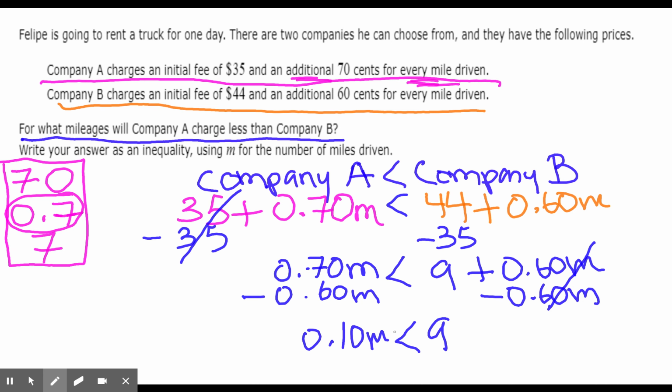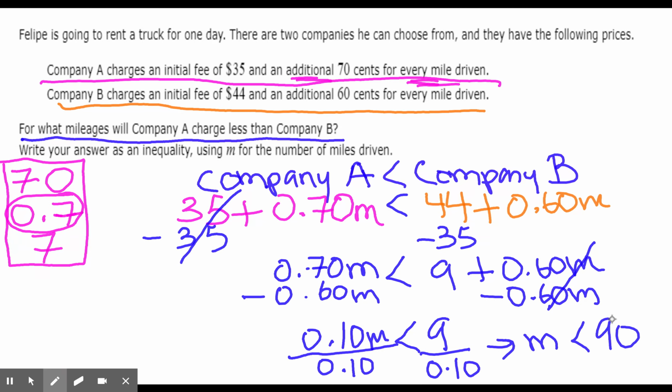So in order to solve for the miles, I'm going to divide both sides by 10 cents, leaving me with my miles have to be less than 90.